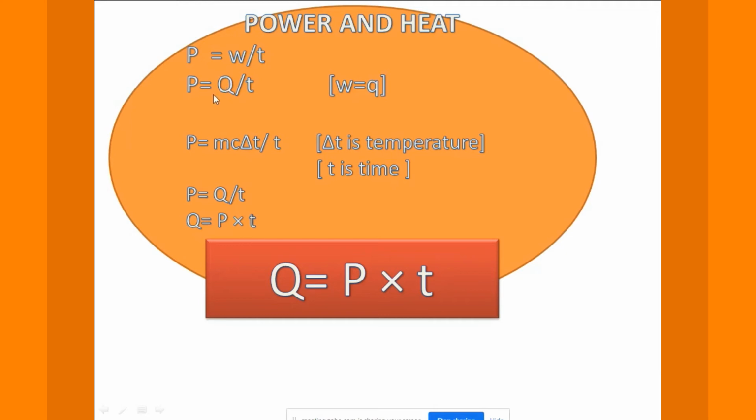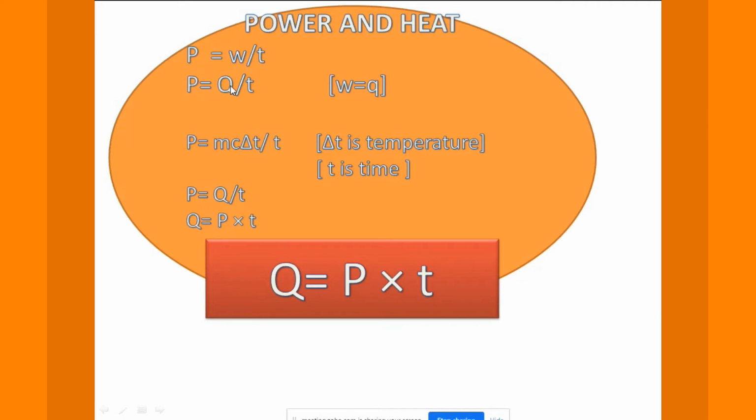Okay, so I'm replacing this W with Q, where I'm trying to say that work is equal to energy, and here the energy is heat energy, that's all. So P equals Q by t. Okay, I got another formula now, power P equals Q by t, where Q is already a known expression for us.